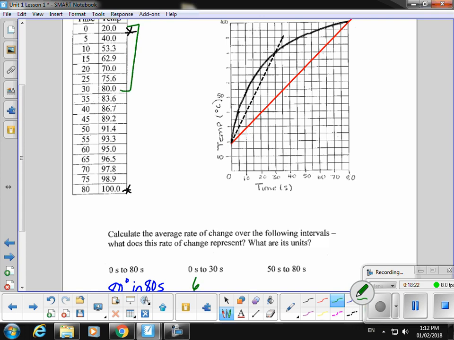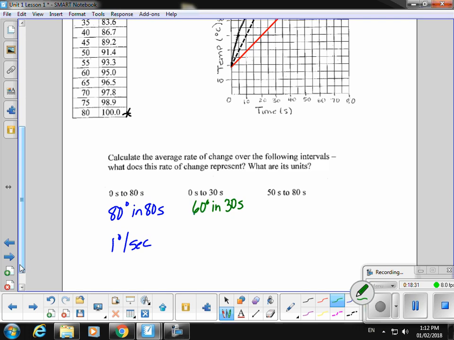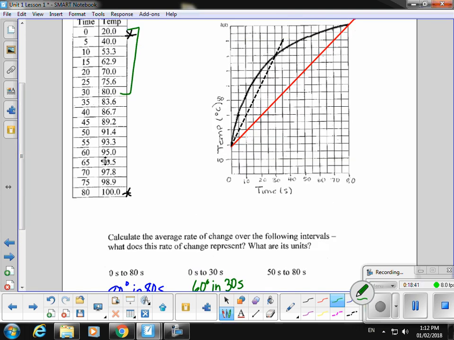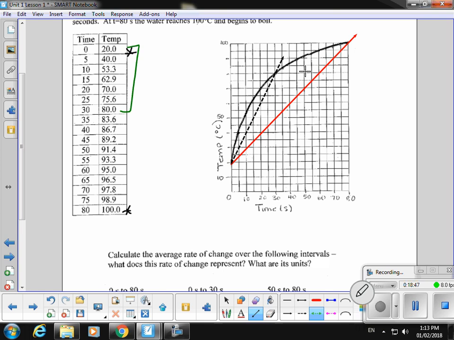So we've had a change of 60 degrees in 30 seconds. So we have changed 2 degrees per second, which is a much faster rate of change, but not necessarily representative of what's going on. The second section seems to have chilled a little bit, from 50 to 80. Okay, these are old eyes trying to see this.